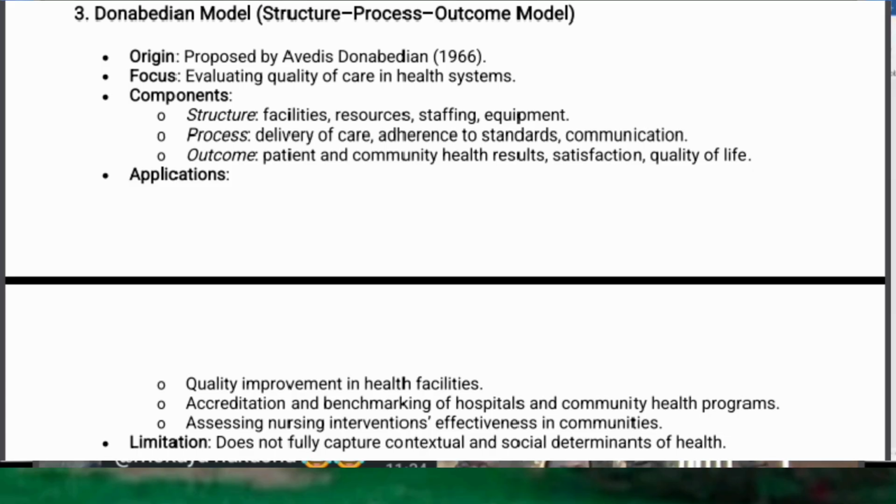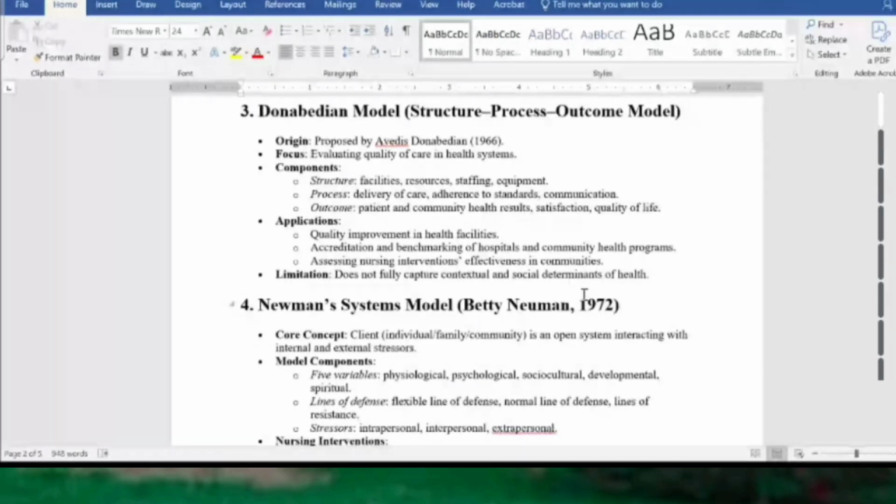So let me try to explain this. The origin behind this particular structure is Avedis Donabedian, 1966. So it has got components, elements. What makes this model? Basically, it has got structure, and it has got the process. When you're talking of the structure, we mean facility, resources, staffing, and so on, so basically we are looking at the manpower.